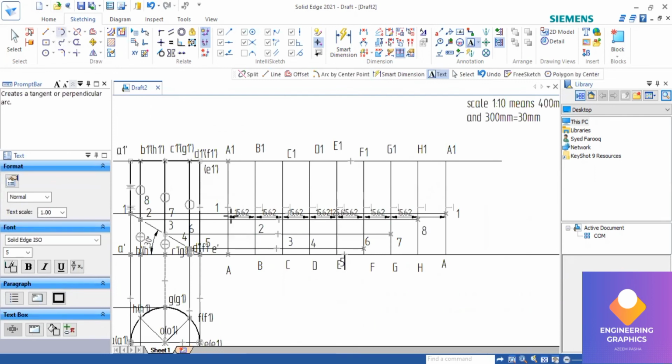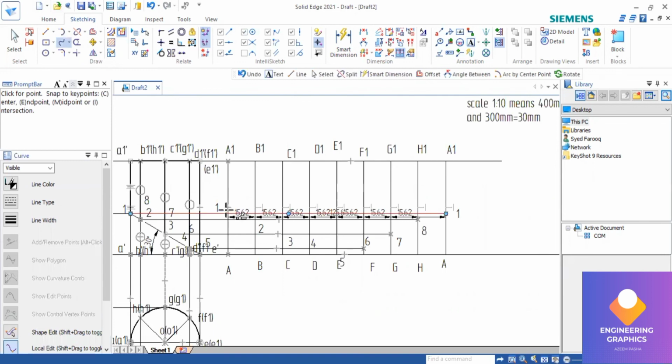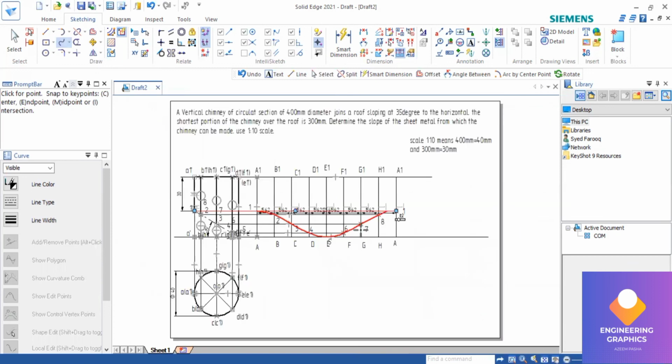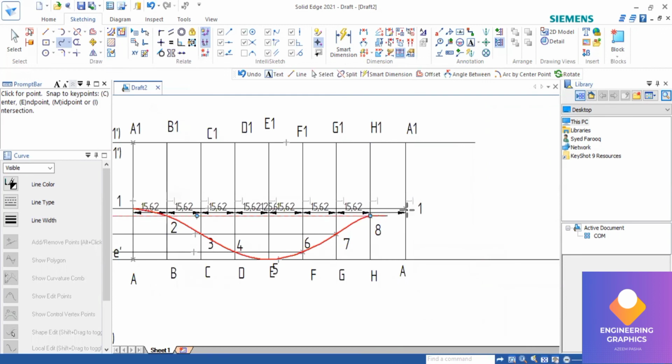So go to the curve command, starting from 1, and 2, it is on the vertical edge B, 3, it is on the vertical edge C, and 4, it is on vertical edge D, and 5 exactly falling on the E here, and then 6, 7, okay, and 8 and 1 you have to join. Okay, that's it. In the upper portion also we should make it dark here.